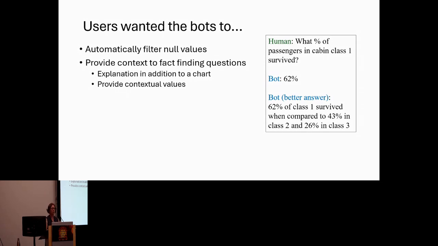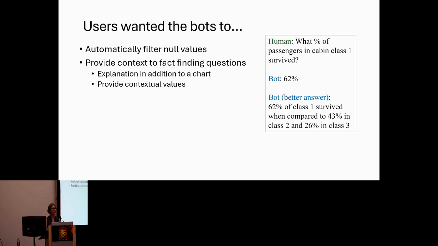And they wanted the bot to provide context to these kinds of fact-finding questions. So instead of just giving an answer of 62%, a better answer was if the bot did something like: 62% of class 1 passengers survived when compared to 43% in the other classes.